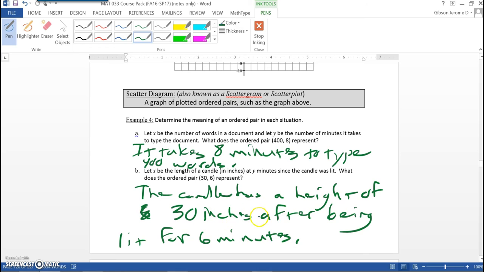So the candle has a height of 30 inches after being lit for 6 minutes. Or you could say after 6 minutes of being lit, the candle is 30 inches.